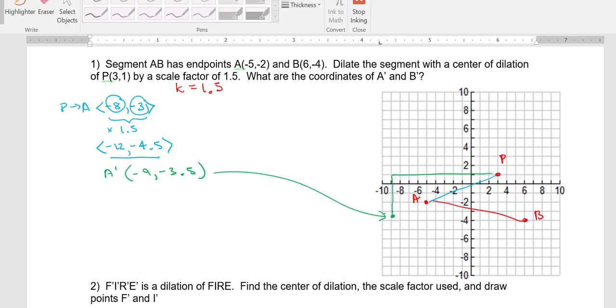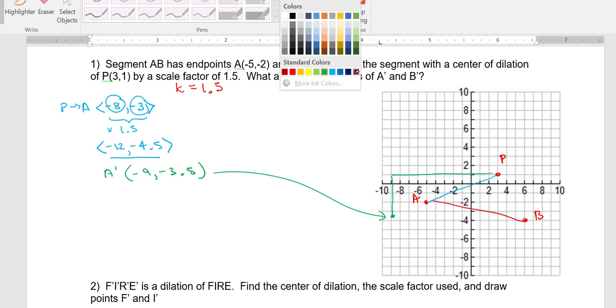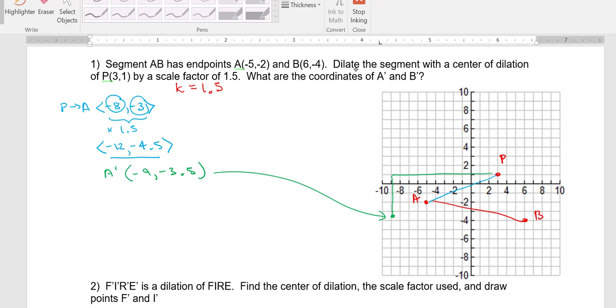And I can do the exact same thing for my B coordinate. Let's go ahead and do this quickly. P to B is going to be 3 in the x direction, -5 in the y direction. Multiply that by 1.5. So P to B prime is going to be 4.5 in the x direction and -7.5 in the y direction.